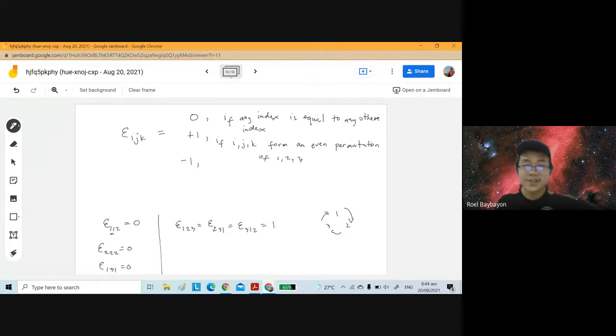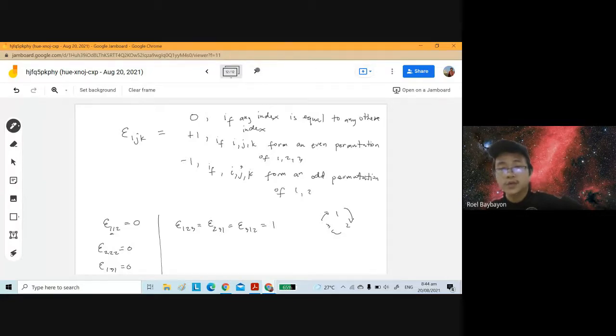It is negative 1 if IJK form an odd permutation of 1, 2, and 3.